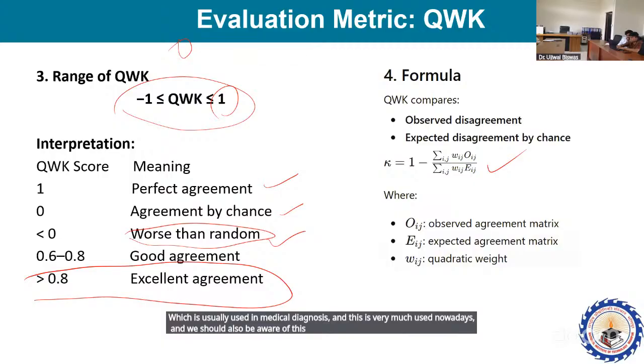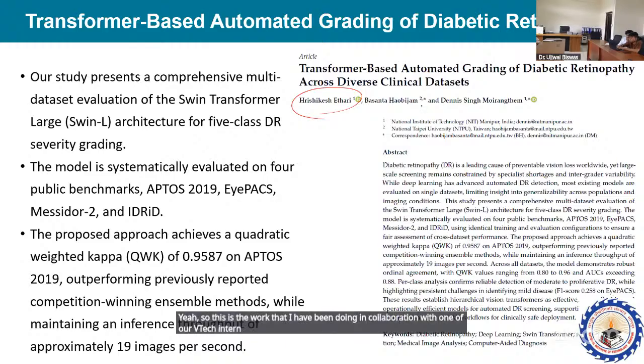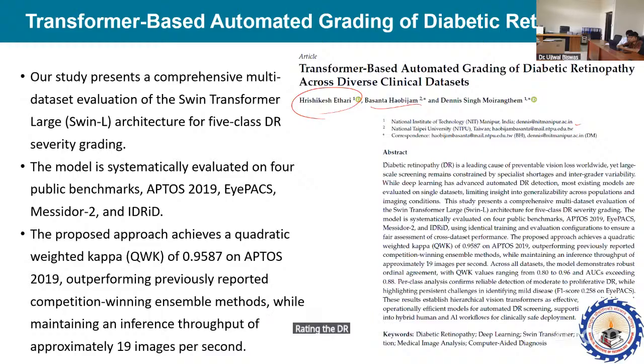So this is the work that I have been doing in collaboration with one of our BTech interns and one of the professors in Taiwan, and we are working on rating DR across multiple data sets.